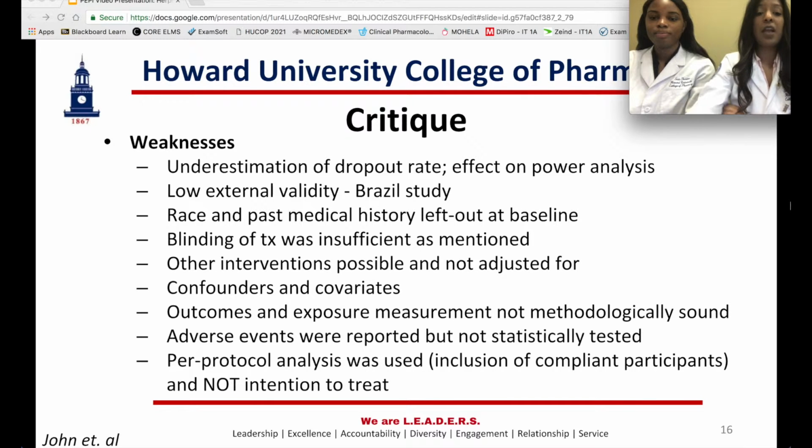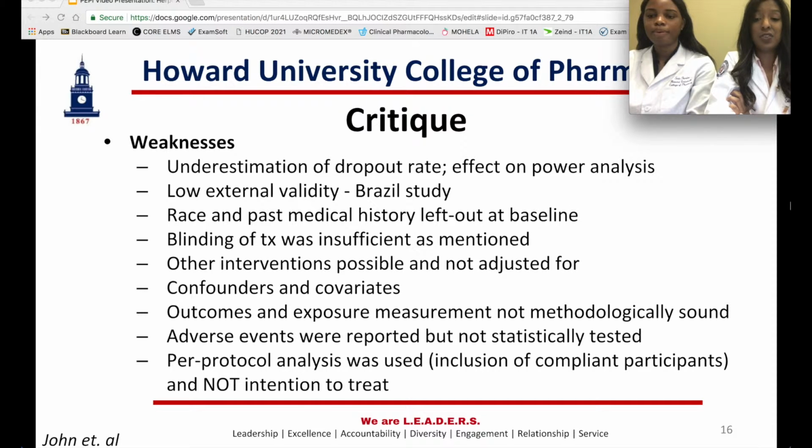Outcomes and exposure measurements were not methodologically sound. It was not reported on how herpes zoster was diagnosed. Also, patients self-reported their VAS scores in a daily diary.